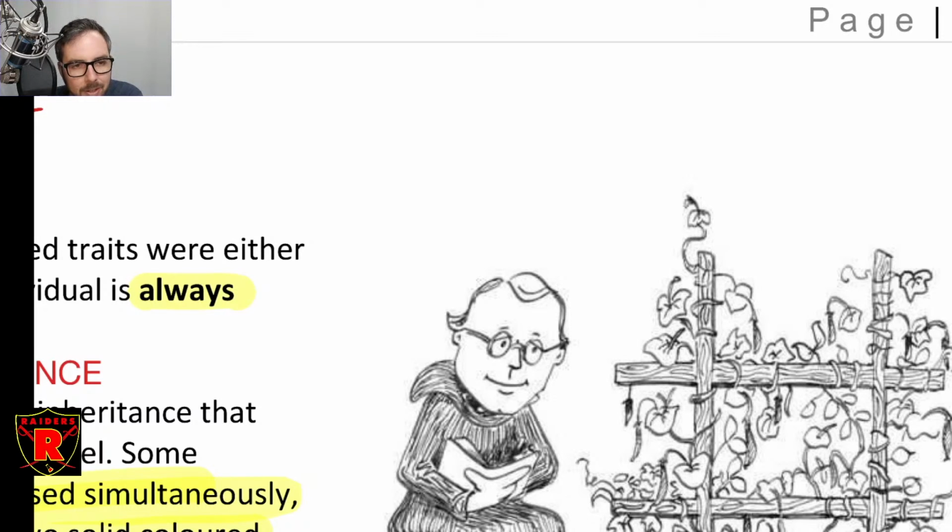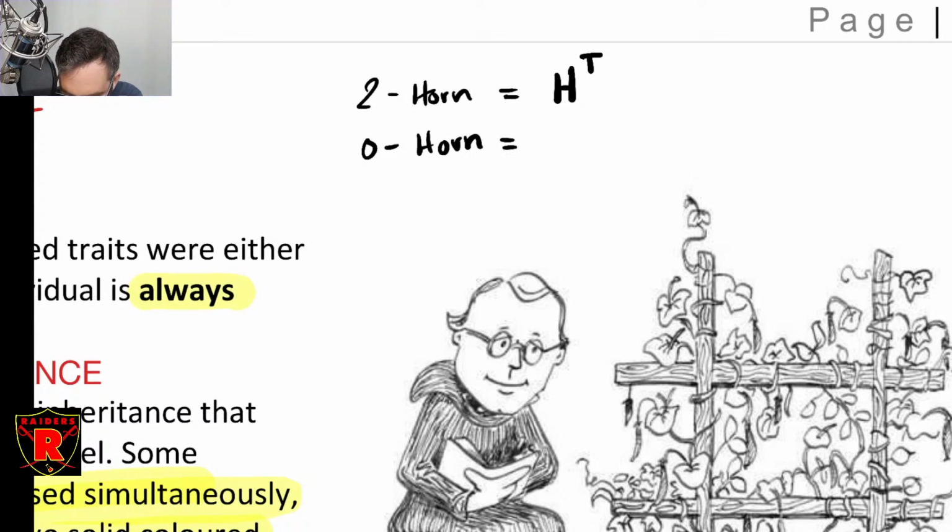If you had two horns on a goat, I'm going to write this out up here, a two-horn goat, that's going to be horn 2. If you had no horns, that's 0 horns on your goat, that's going to be horn none, N.